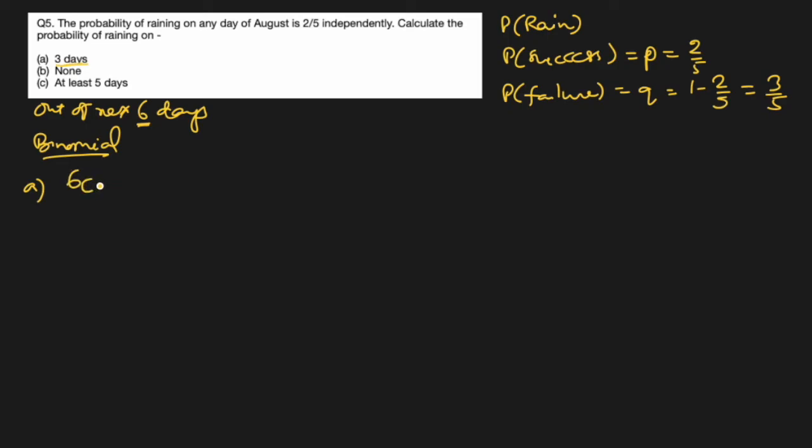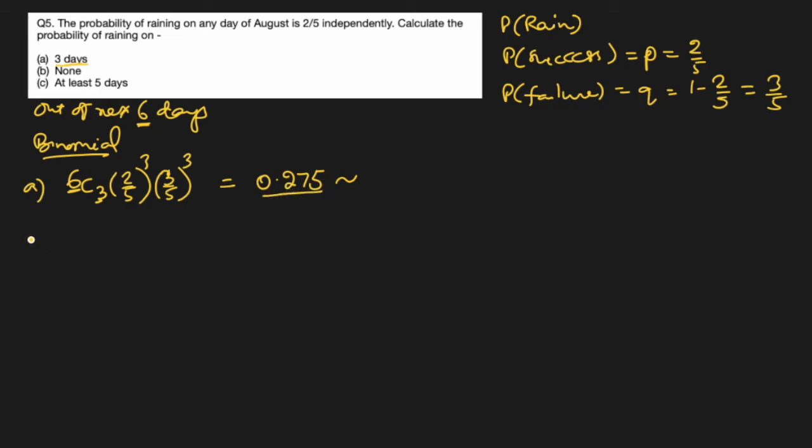Total number C number of successes, and then the probability of success to the power of the number of successes, and the remaining power with the failure. So out of 6, 3 are successes, that means the remaining 3 are failures. So there will be exactly 3 days it will rain, and 3 days it will not rain. Just carefully put this in a calculator and you get your answer. What I'm getting is 0.275, in three decimal places.